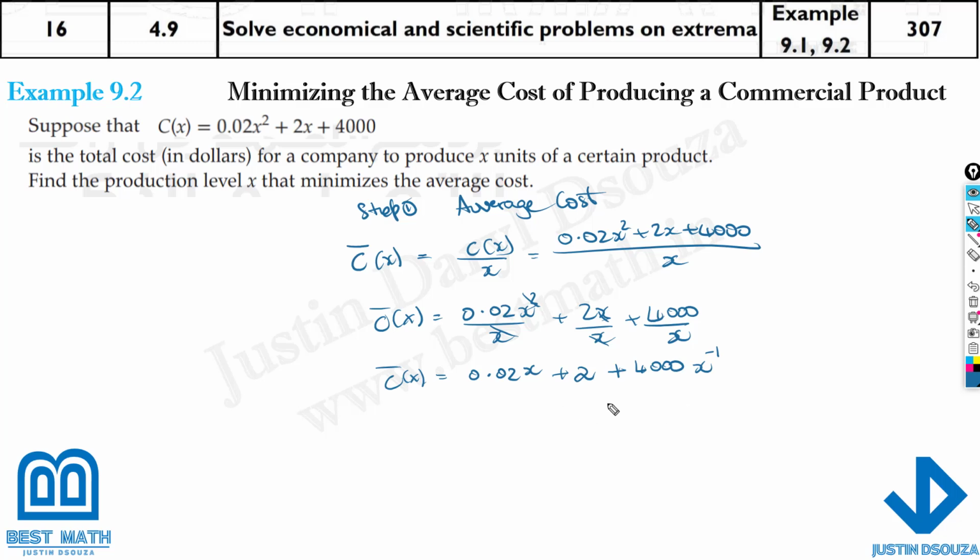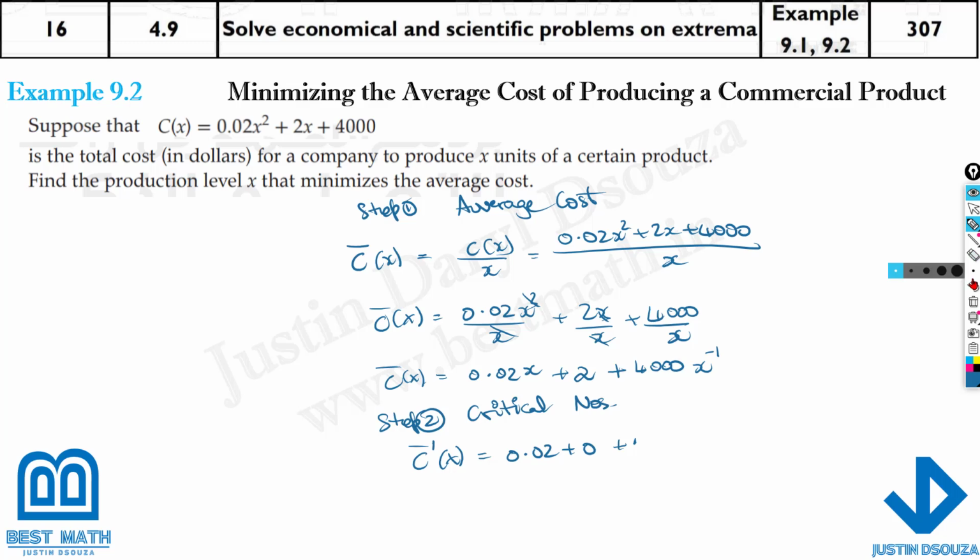Now we need to find the critical numbers. So step 2 would be finding the critical numbers. How do we find the critical numbers? We need to differentiate the average function, not the given function. The derivative of the average function will be 0.02 plus 0 plus.